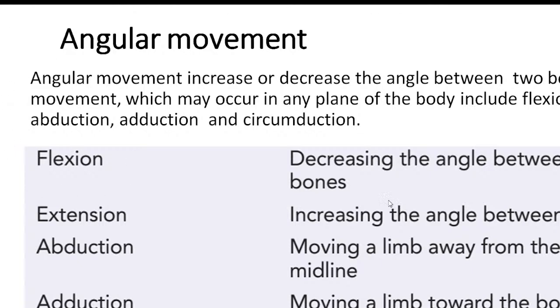Flexion decreases the angle between two bones, extension increases the angle between bones, abduction is moving a limb away from the body midline, adduction is moving a limb towards the body midline, and circumduction.